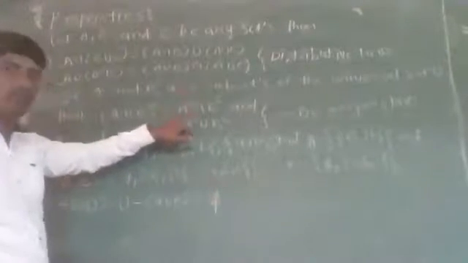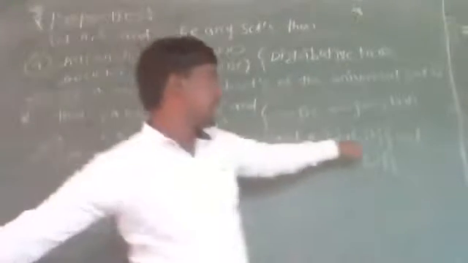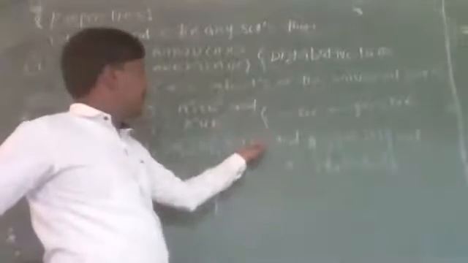Now we have to prove that A complement intersection B complement is again phi. A complement contains all those elements in U which do not belong to A. Therefore, A contains elements A and B, and U contains phi, A, B, and AB.